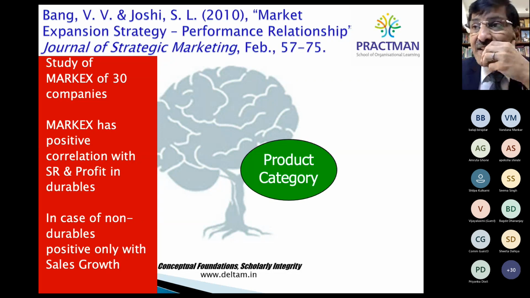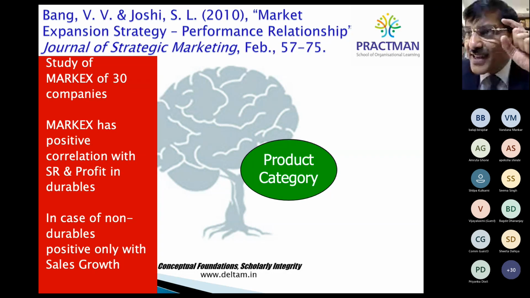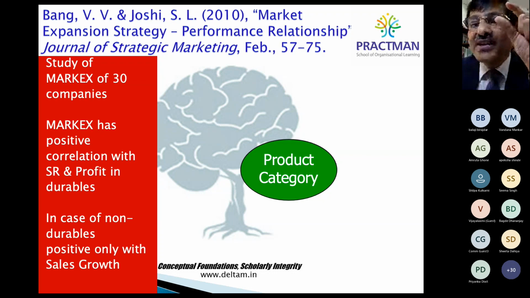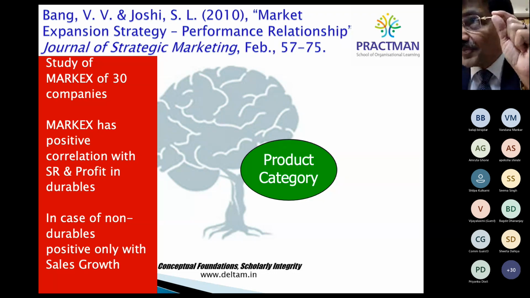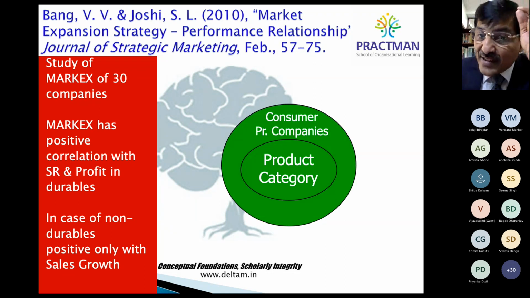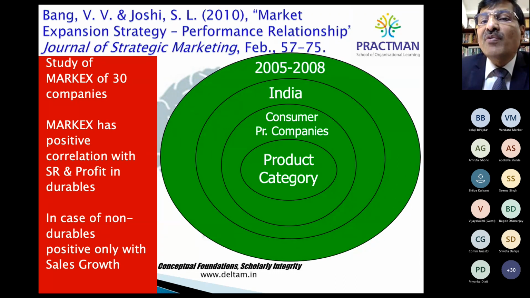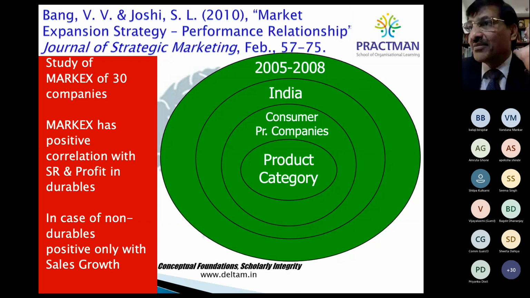Now, in this research, how did we define the unit of analysis? First, as I said, Samsung was one of the respondents in my study, but we were not interested in Samsung as a whole. We were interested in only Samsung TV. Product category of consumer product companies in India during the period of 2005 to 2008.